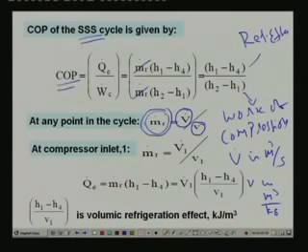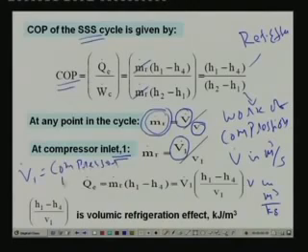If you apply this equation to compressor inlet 1, then M dot R is equal to V1 dot divided by V1, where V1 dot is nothing but the compressor displacement rate, again in meter cube per second, and V1 is the specific volume of the refrigerant at the compressor inlet.